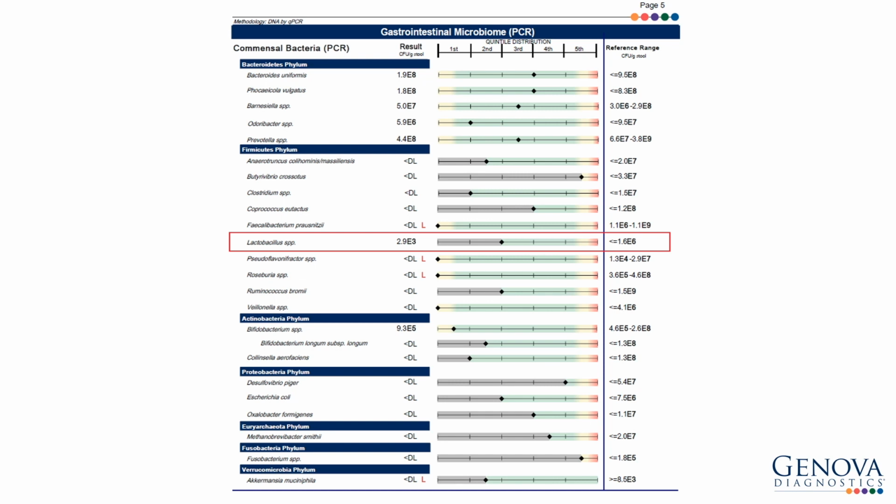Below that, in the Actinobacteria phylum, we see that the bifidobacterium levels are at the lower end. As mentioned, a probiotic may be helpful here. For any microbiome imbalances, it's important to address all the other findings on the report, as well as consider prebiotics and probiotics and lifestyle or dietary factors that may contribute to imbalances.